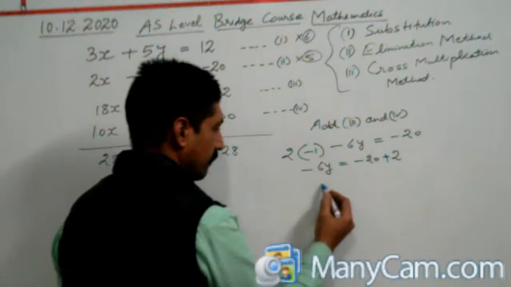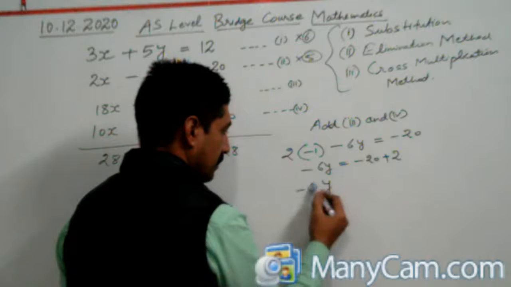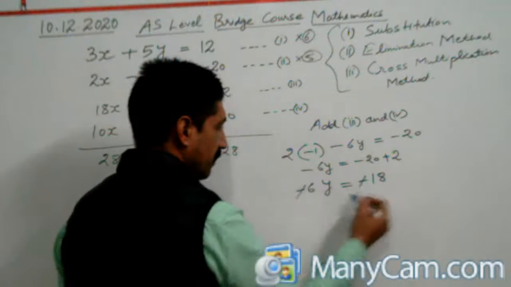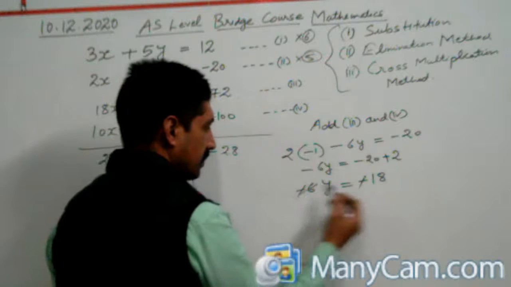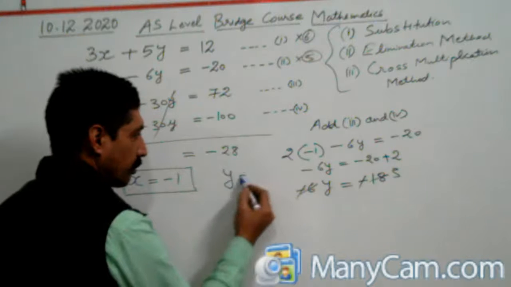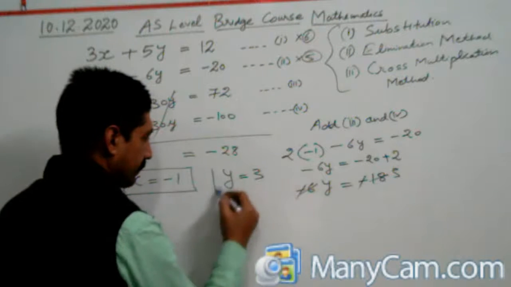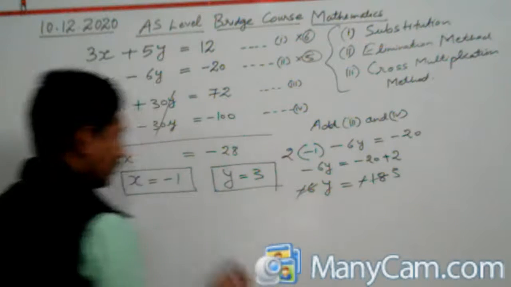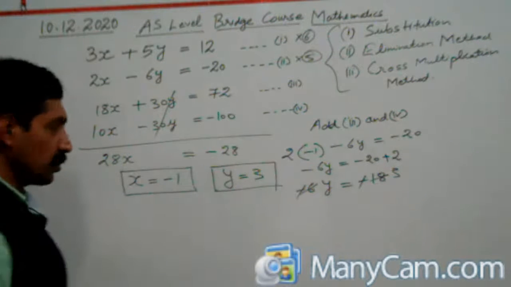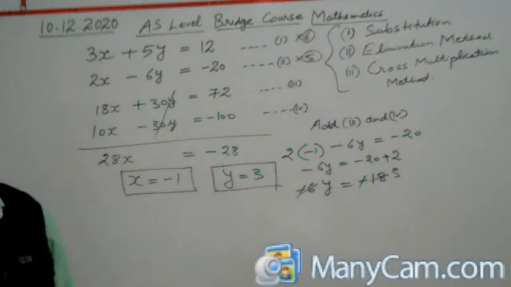So minus 6y is equal to minus 18. Minus and minus get cancelled. 6 ones are 6, 6 threes are 18. So y is equal to 3. So these are the solutions of the equations: x is minus 1 and y is 3.